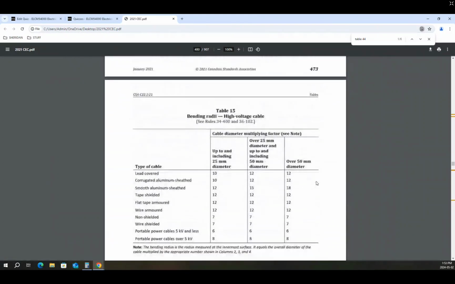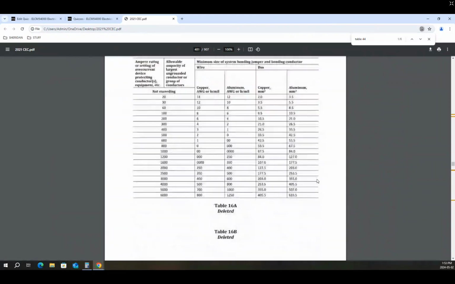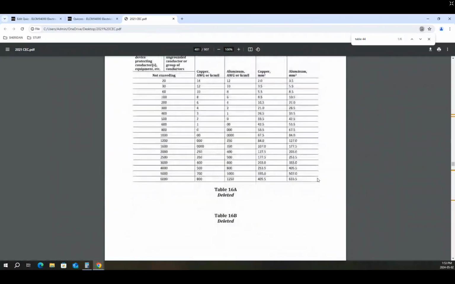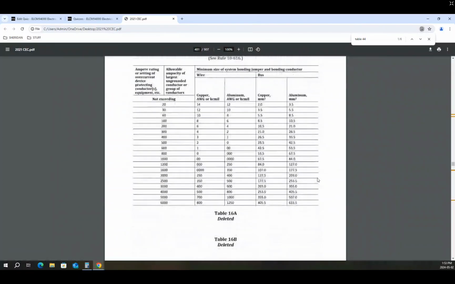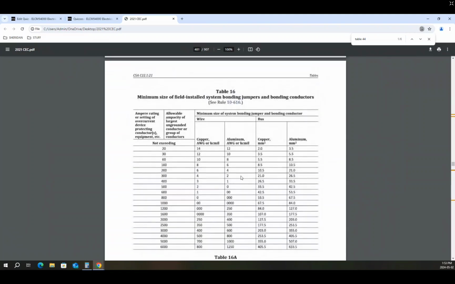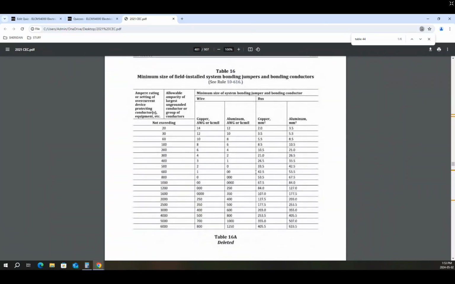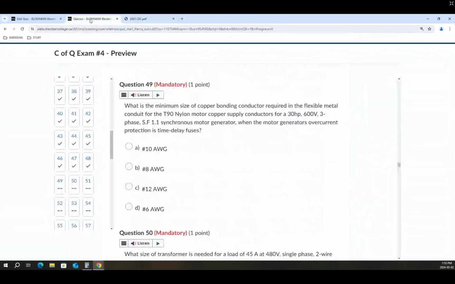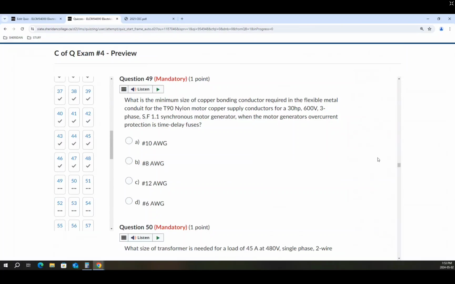This is table 16A. Take that from unit 4. Okay, I'm going to come back on this one. This one's taking too long. So we'll have to remember to come back to number 49.